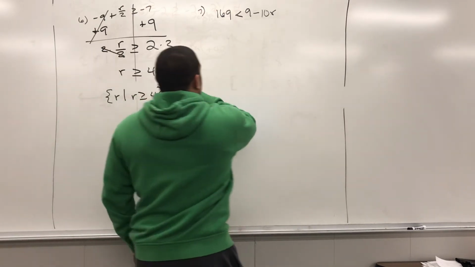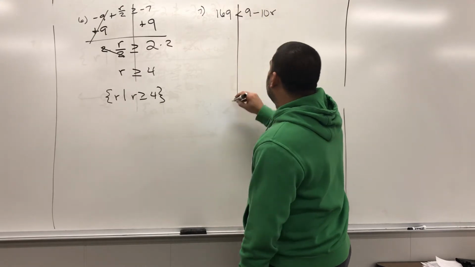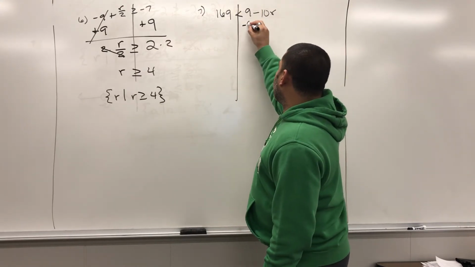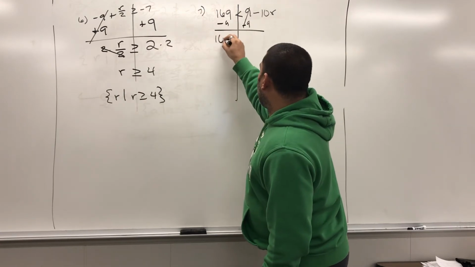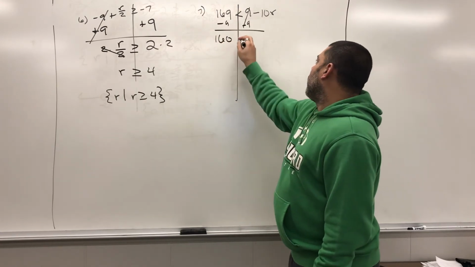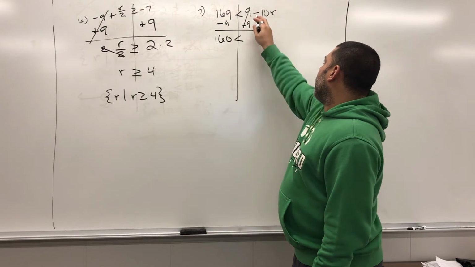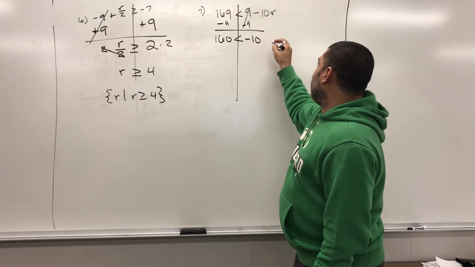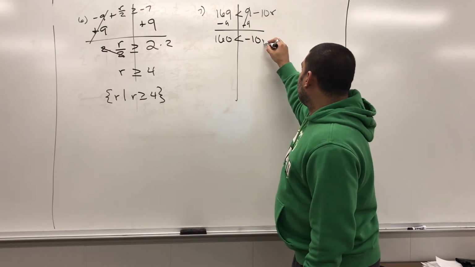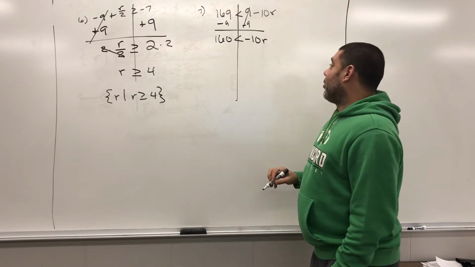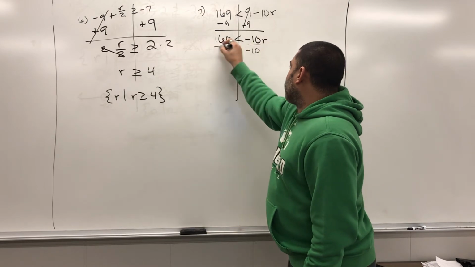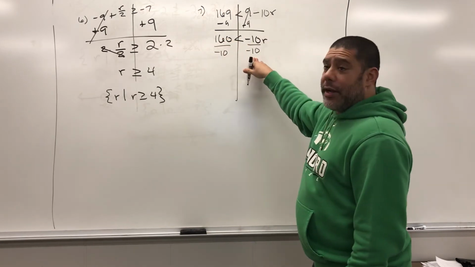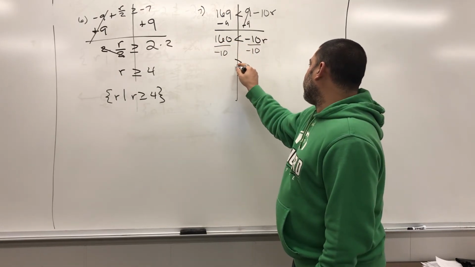Last one here, number 7. I have to move the 9 first, so subtract 9 on both sides. That gives me 160 is less than, and then don't forget that negative, -10r. Now, divide both sides by -10. I just divided by a negative, so remember I have to flip the inequality sign.